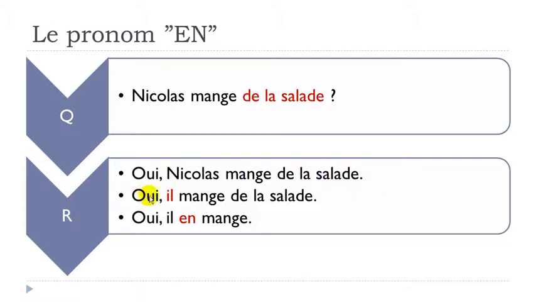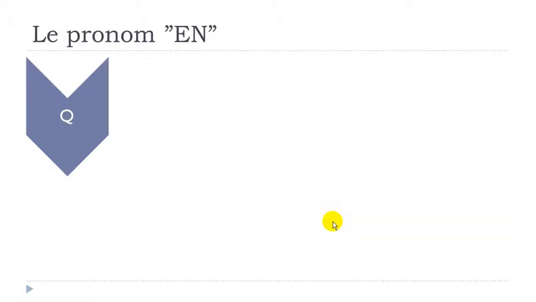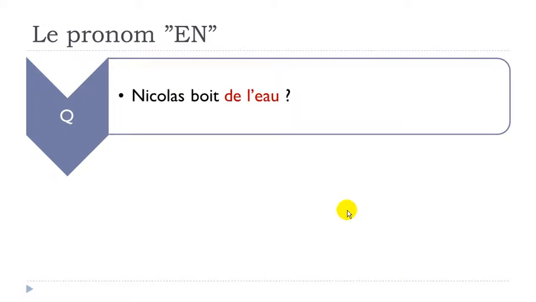Second option, you don't want to repeat Nicolas: "oui, il mange de la salade". And the last option, you don't want to repeat either Nicolas nor de la salade, so you've got "oui, il en mange".